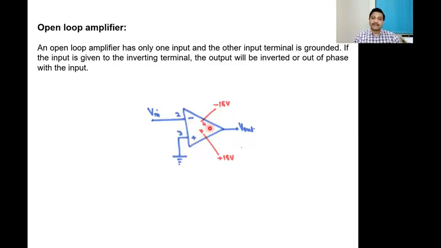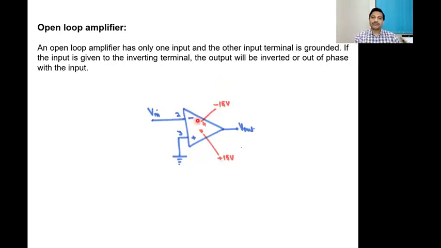Again, later on I'll probably omit this, but for any amplifier circuit, one must keep in mind that at pin number 4, the negative bias, and pin number 7, the positive bias, are always connected. If we do not connect the DC bias, then the circuit is not going to give any reasonable output.